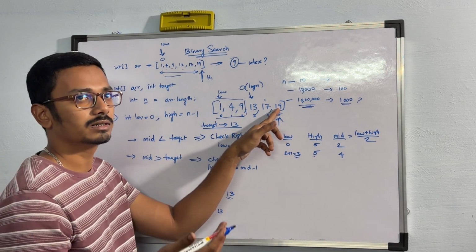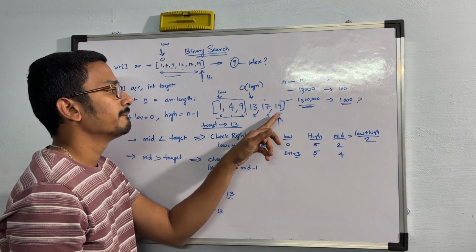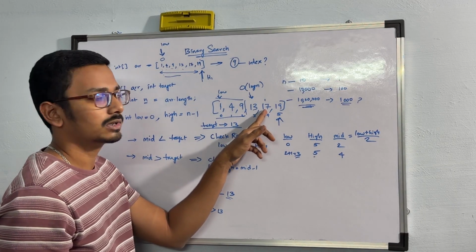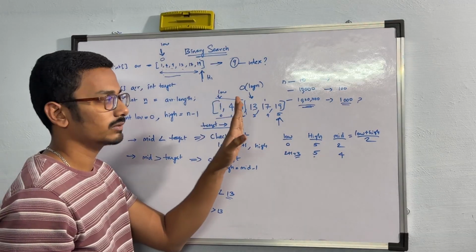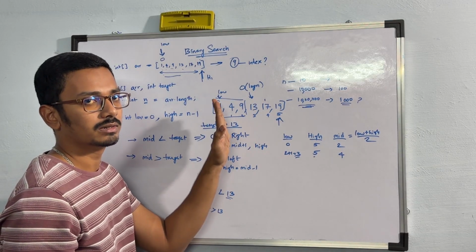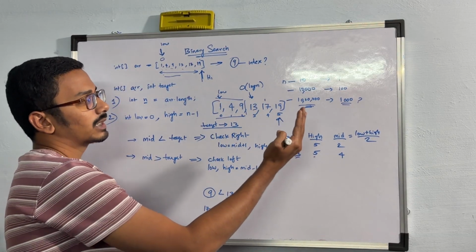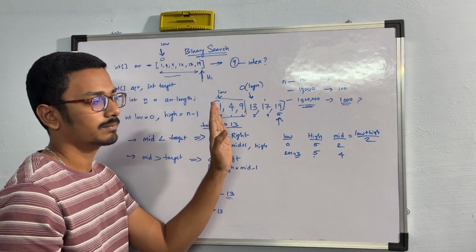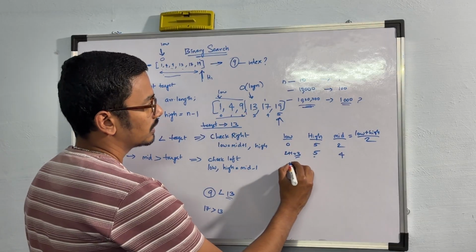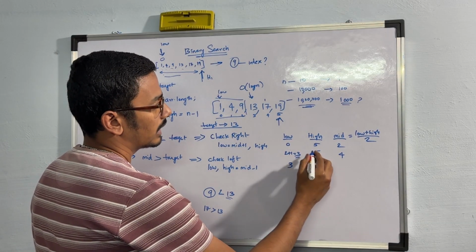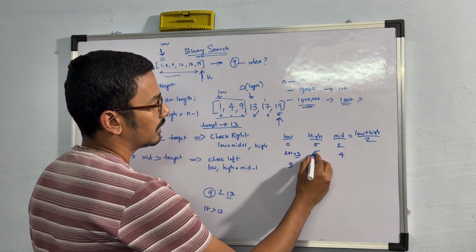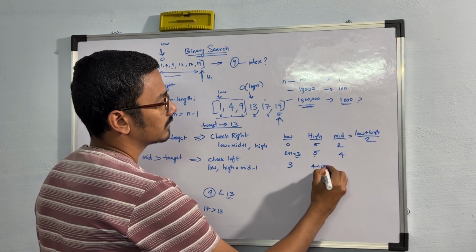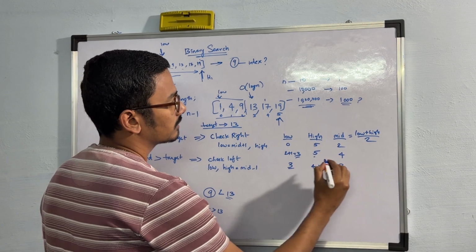Think in terms of indices. As we saw that 17 is greater than 13, the number we need is to the left of mid, so we move high one place to the left. Low is obviously 3 and high is mid minus 1, which is 4 minus 1 equal to 3. So the new mid is 3.